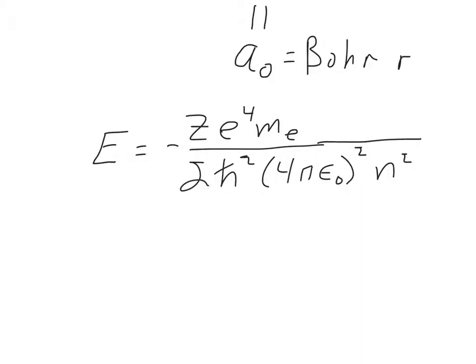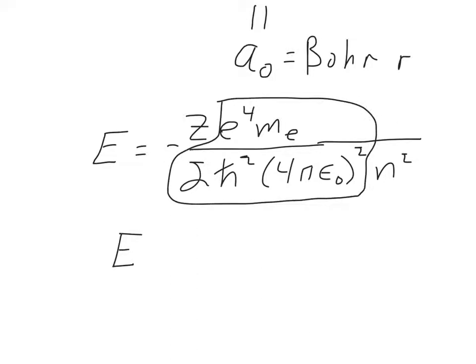So if z is 1, all this other stuff is some big constant, commonly called the Rydberg constant, and it's minus this constant, having units of energy, over n squared.